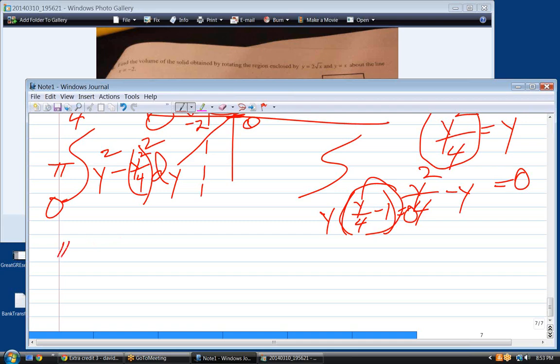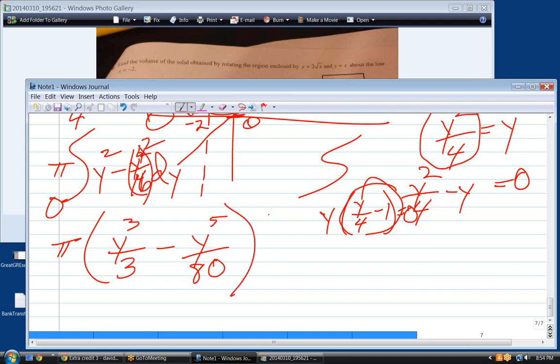So let's see, we have pi times y cubed over 3 minus, this would be y to the 4th over 16, which would integrate to y to the 5th over 80. And I'm going to evaluate that from 0 to 4.